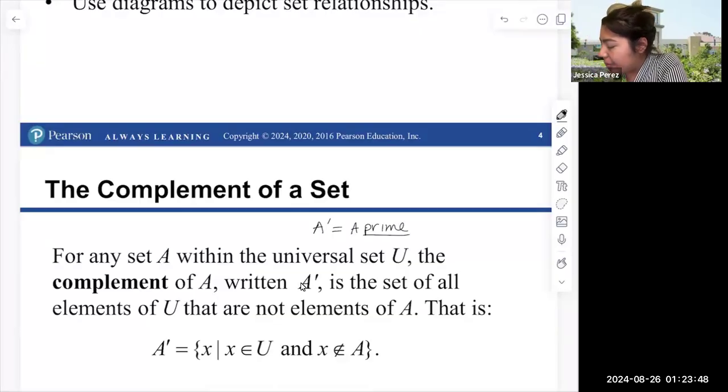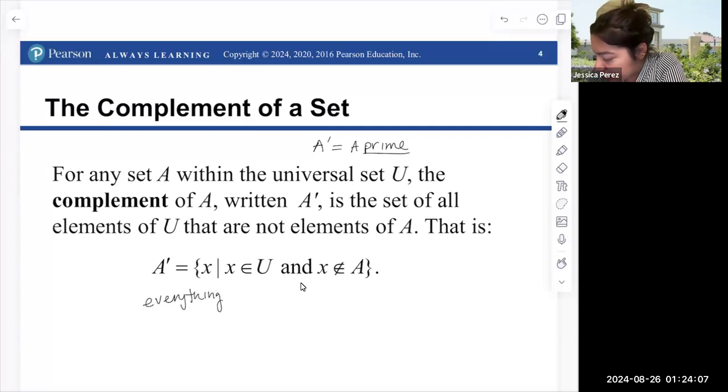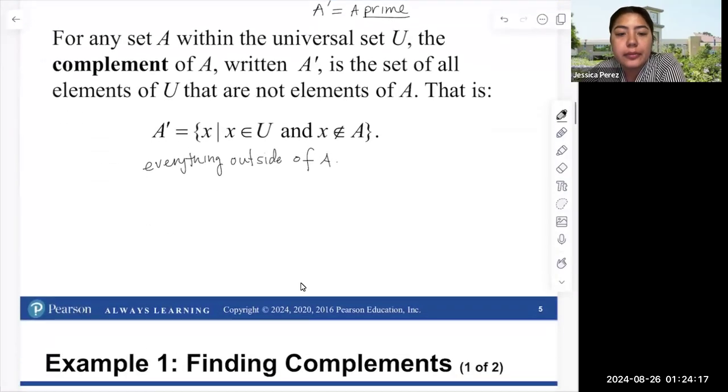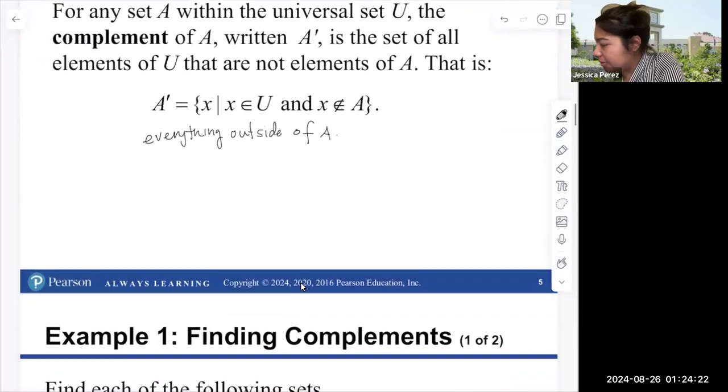The complement of A, written as A prime, is the set of all elements of U that are not elements of A. So it looks like this: A prime is equal to the set of x such that x is in the universal set, but not in A. So it's everything outside of A. It's not any elements of A. We're going to be finding complements very soon.